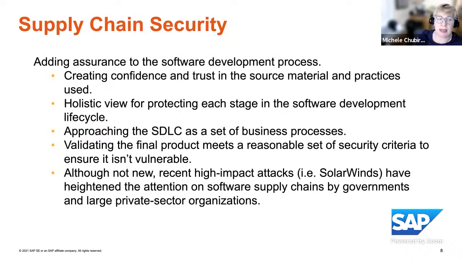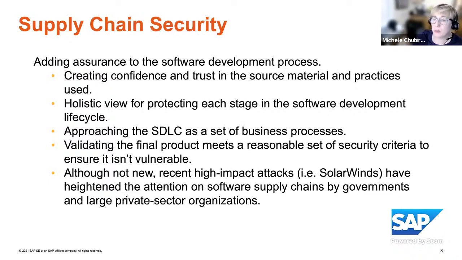So let's just talk again about software supply chain security. What does that really mean? It means adding assurance to the software development process. You're creating confidence and trust in the source material and the practices that you use. It's basically a holistic view for protecting each phase of your software development lifecycle. And you're approaching the SDLC as a set of business processes. And you're going to get sick of hearing me say that, because I really believe that's what it is.